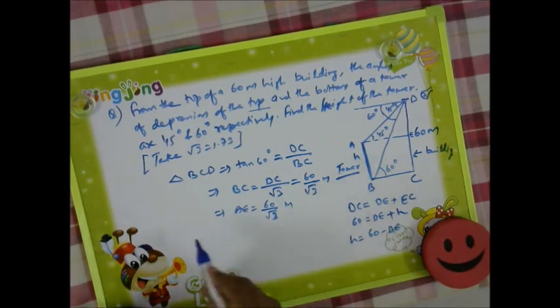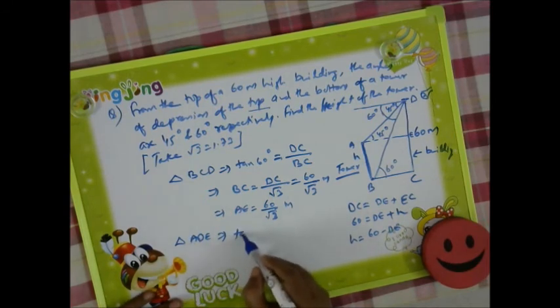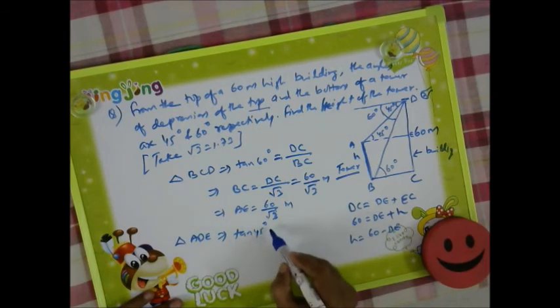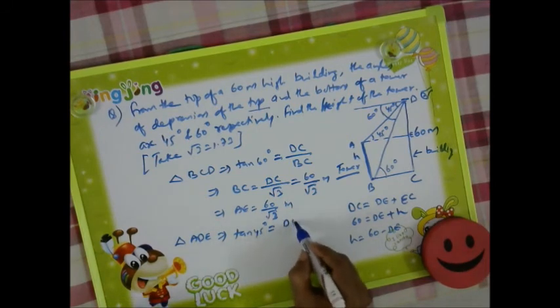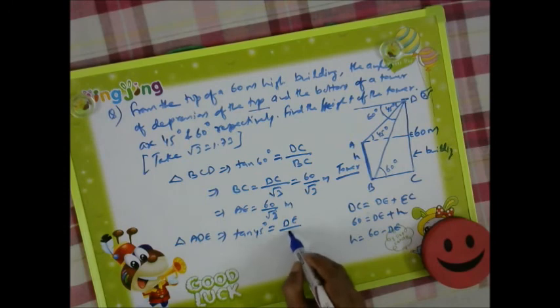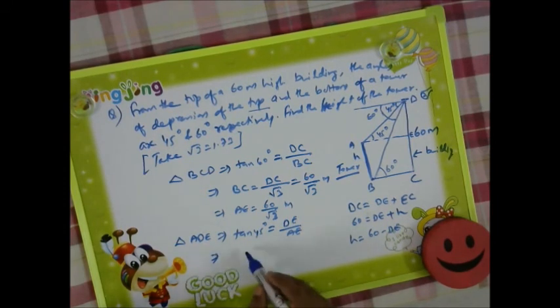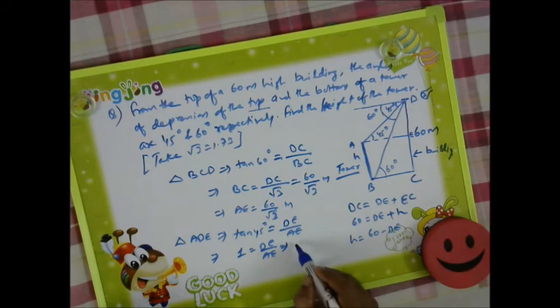Now triangle ADE. From here tan 45 degree is equal to DE by AE. Tan 45 degree is equal to 1. So 1 is equal to DE by AE, which gives DE is equal to AE.